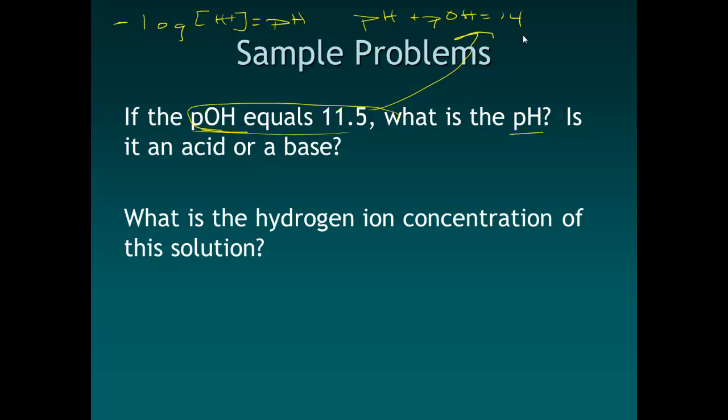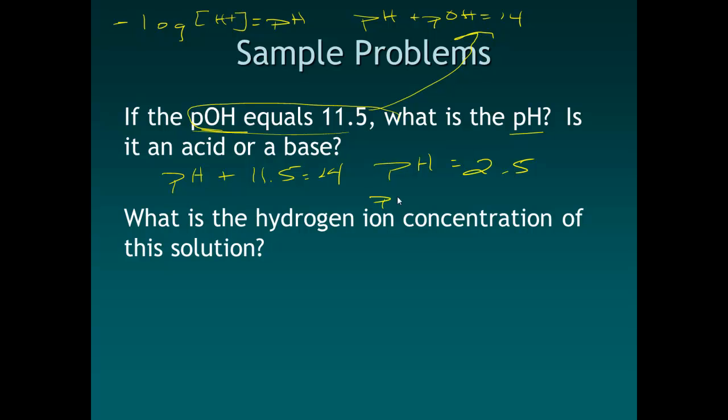So here I can plug that in. So pH plus pOH, 11.5, equals 14. So that means my pH would equal, doing the math in my head here real quick, 2.5. And then the question is, is it an acid or a base?